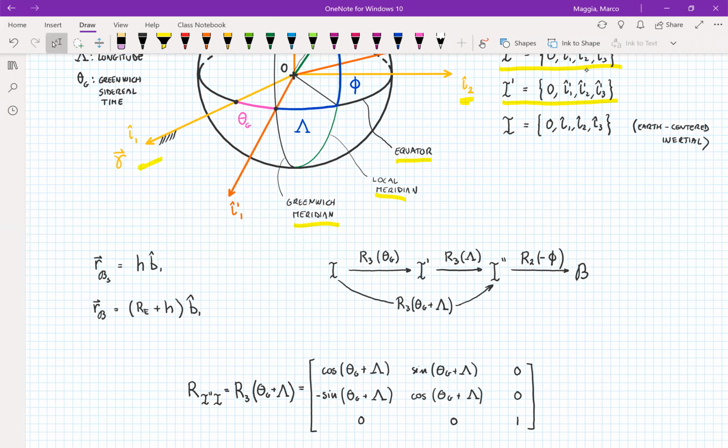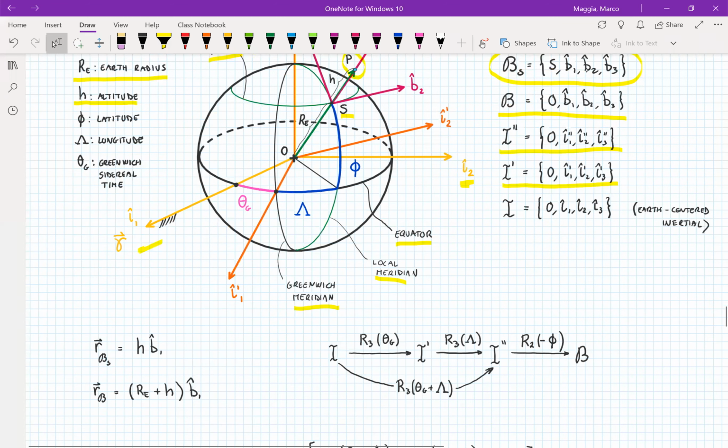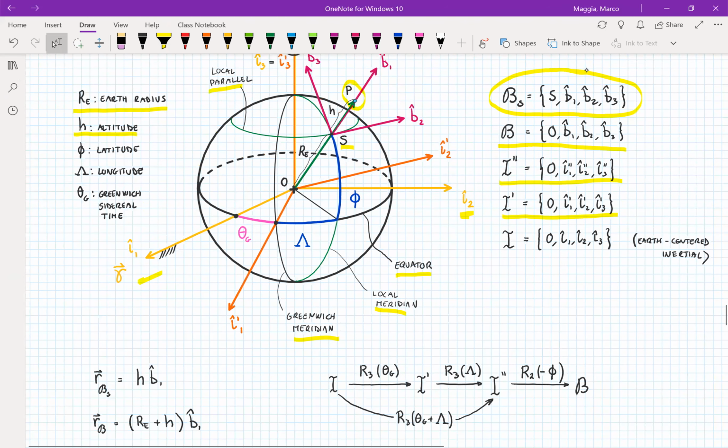It rotates with the same angular speed as the Earth itself about its axis. Okay, so I am going to stop here, and I want you to go through this. What I've done is, of course, the goal is to express the inertial acceleration of the particle P in the B coordinates.